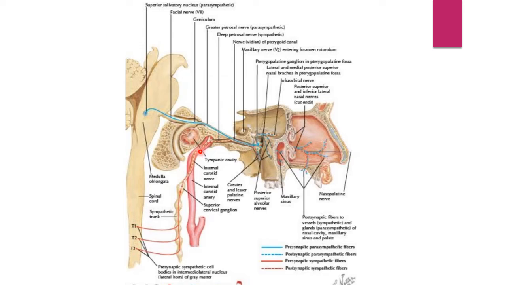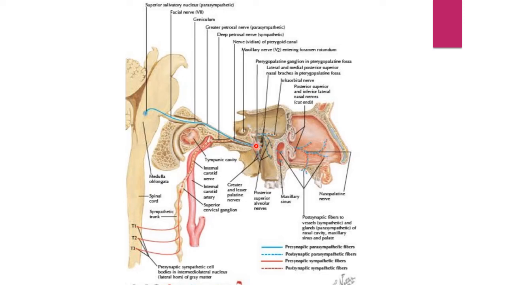Sympathetic fibers around the internal carotid artery leave as the deep petrosal nerve, and it also joins the greater petrosal nerve to form the nerve of the pterygoid canal. Both reach the pterygopalatine fossa where the parasympathetic root synapses and the sympathetic fibers pass as such.